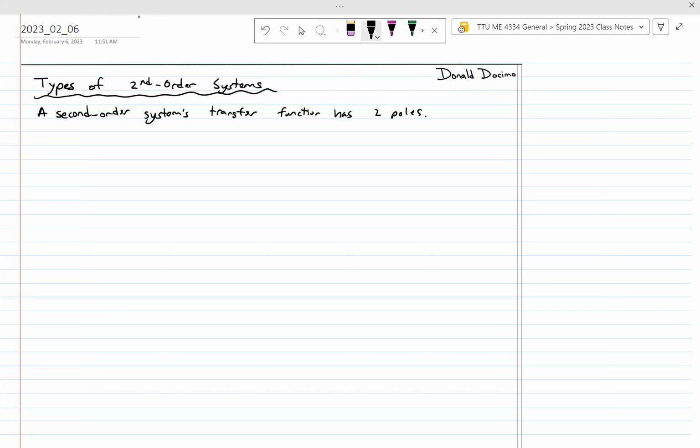We'll focus on second order systems without any zeros to start. But we could have up to 2 zeros, maybe even more technically, but we'll say 2 zeros. So we have a transfer function G(s) is b squared over s squared plus as plus b squared, right?